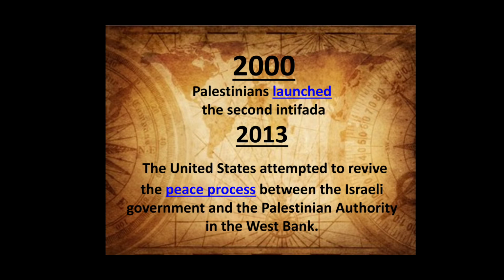In 2000, sparked in part by Palestinian grievances over Israel's control over the West Bank, a stagnating peace process, and former Israeli Prime Minister Ariel Sharon's visit to the Al-Aqsa Mosque, the third holiest site in Islam, in September 2000, Palestinians launched the Second Intifada, which would last until 2005.